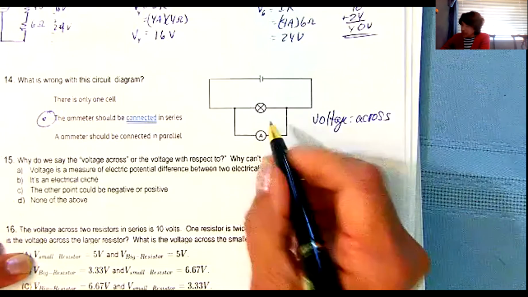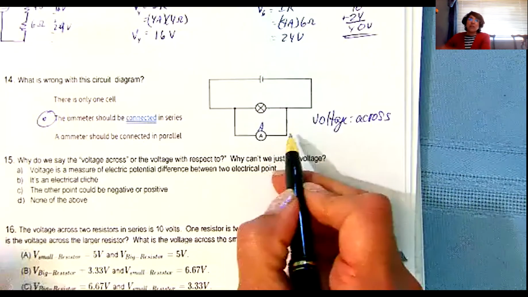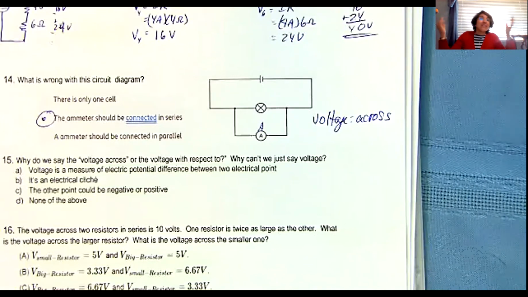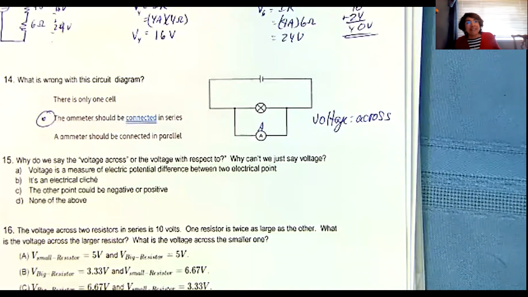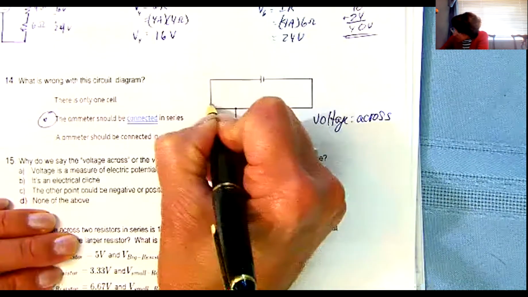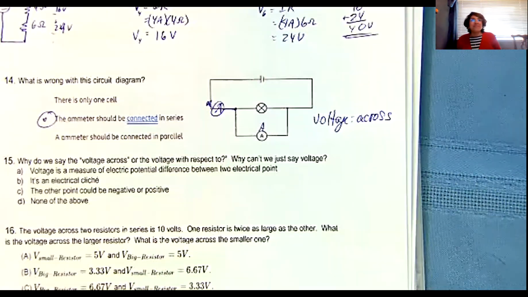You can't put this right here. It says A. That means it's an ammeter. You can't put it in parallel. Why? Anytime you put things in parallel, the equivalent resistance is going to decrease. So now you've just changed the circuit. You can't do that. So if you're going to measure current, you have to break the circuit somewhere, maybe between here and here, and put your ammeter there.